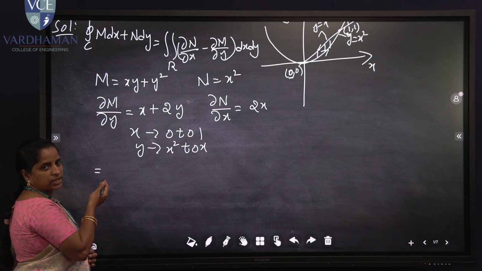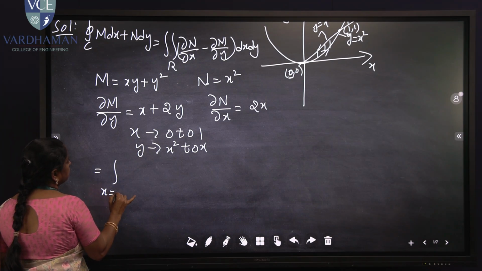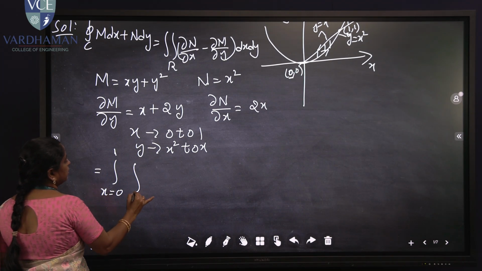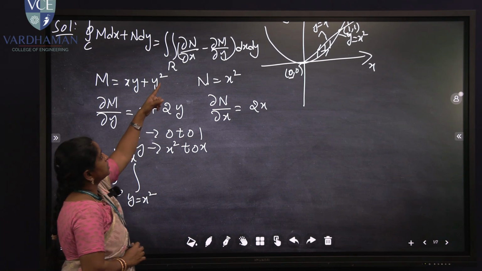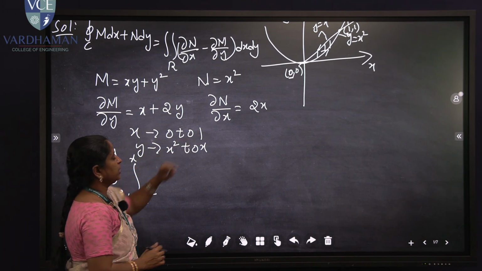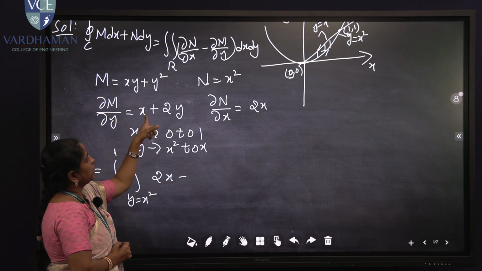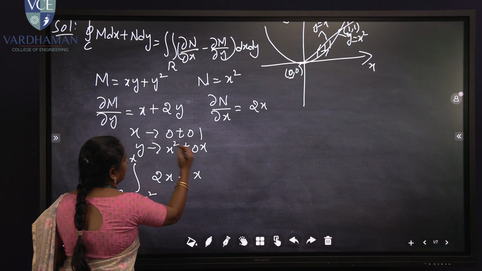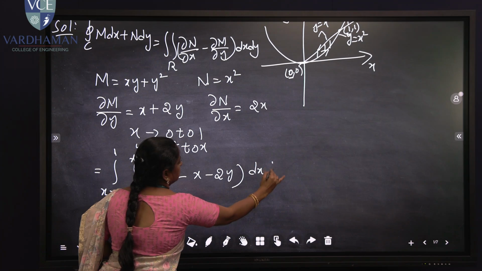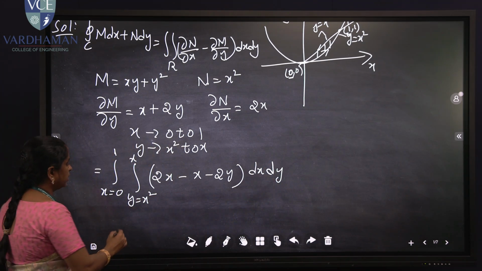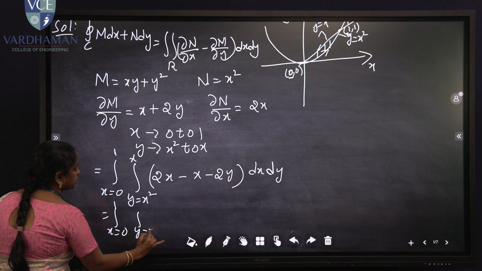The integral is x equal to 0 to 1, y equal to x square to x, of ∂N/∂x, which is 2x, minus ∂M/∂y, which is x plus 2y, dx dy.